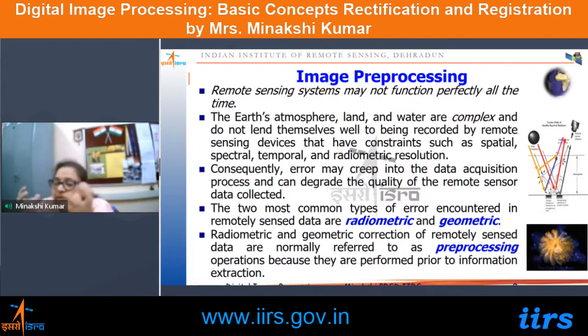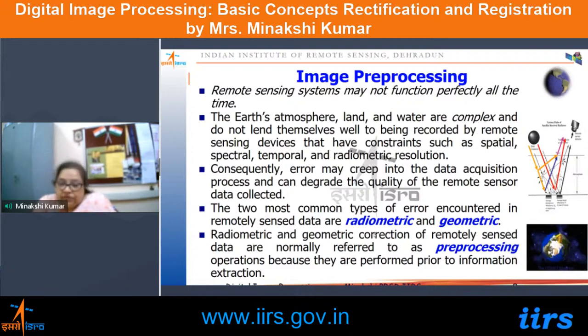So sometimes, not all the time, error may creep into the data acquisition. That means the imagery being captured at one instant may have some error, which will degrade the quality of the data being captured. The common types of errors generally encountered are called radiometric error and geometric error.